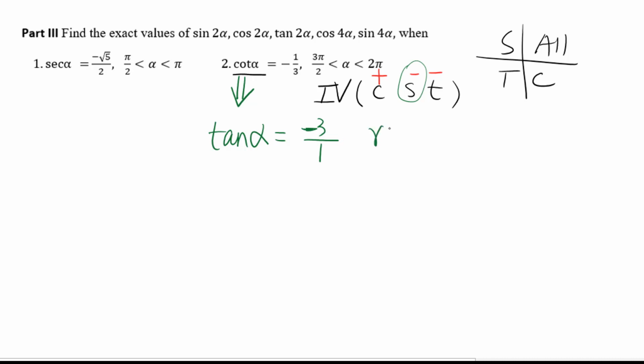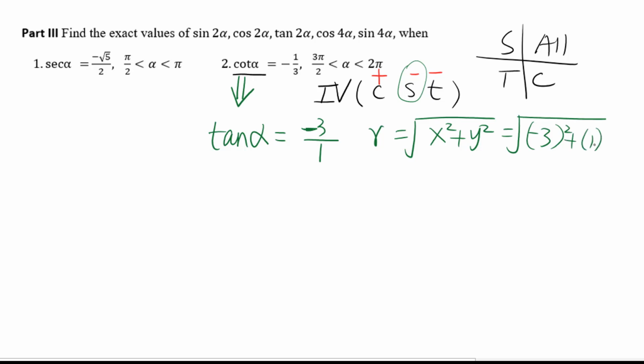Then we need to figure out this r. r equals the square root of x squared plus y squared. So you have -3 squared plus 1 squared, that is the square root of 10. So you will get -3 over square root of 10 and 1 over square root of 10.